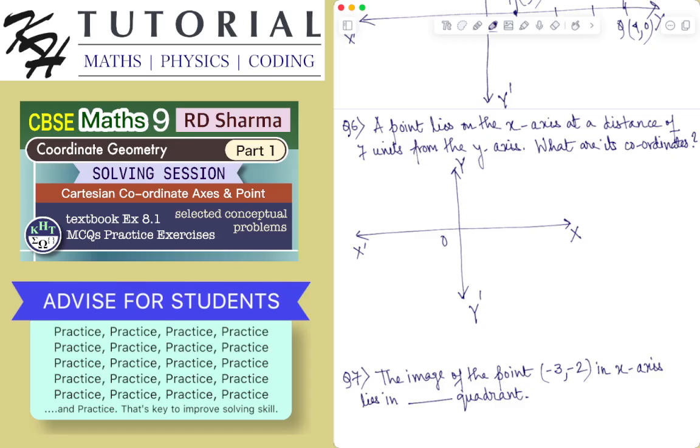Let's say that point is A. Since it is at a distance of 7 units from the y-axis, the perpendicular distance of the point A from the y-axis or the origin is 7. So clearly its x coordinate or abscissa has to be 7. And since the point A is lying on the x-axis, its ordinate will always be 0. So (7, 0) is the coordinate of the required point, that lies on the x-axis at a distance of 7 units from the y-axis.